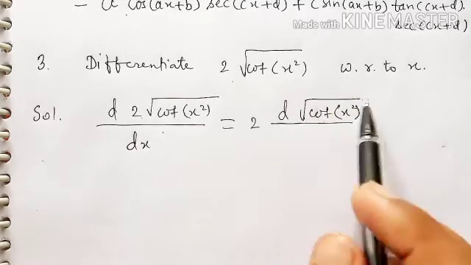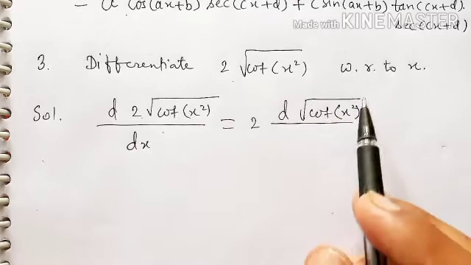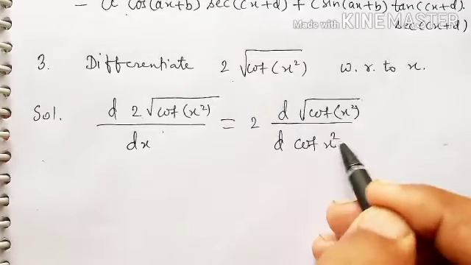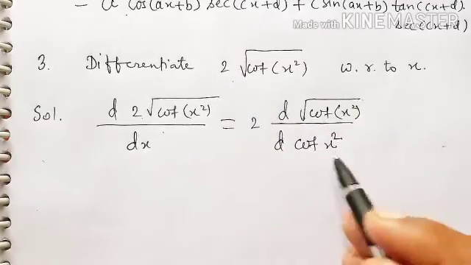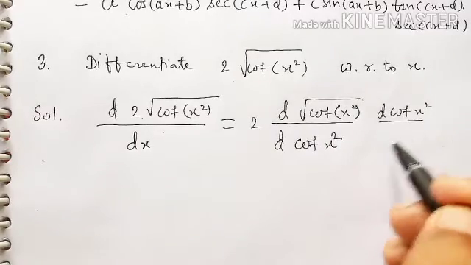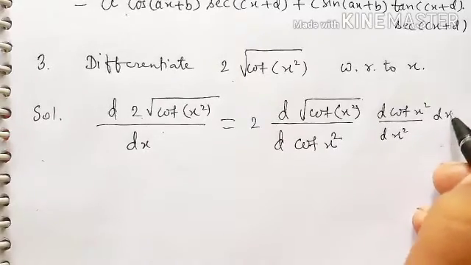Here, a square root of cot x². So firstly a square root occurs, so this is a function of cot x². Now this is cot of x², so this is a function of x².